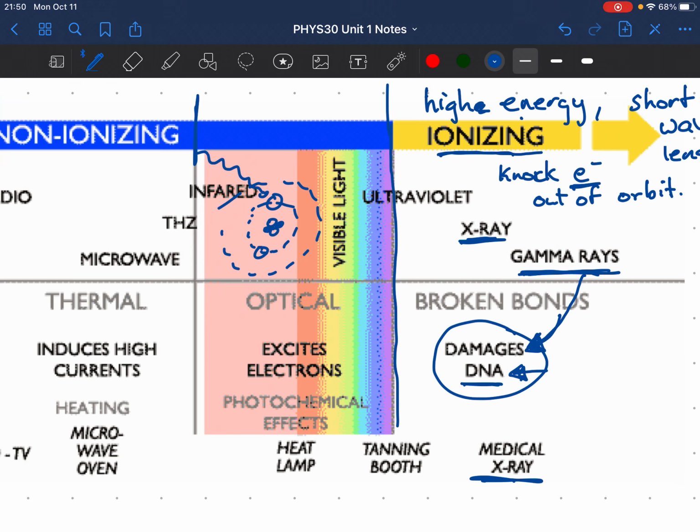A light ray can hit the electron, knocking it up into a higher orbit. But the electron stays in orbit, just at a more excited, higher, more energetic orbit. Okay, so visible light and infrared have the ability to excite electrons, but it's not ionizing. It will not damage the DNA.